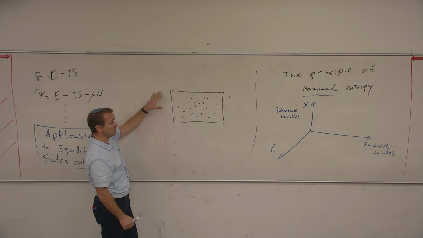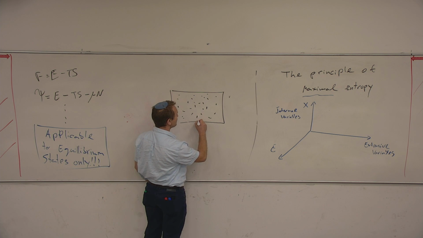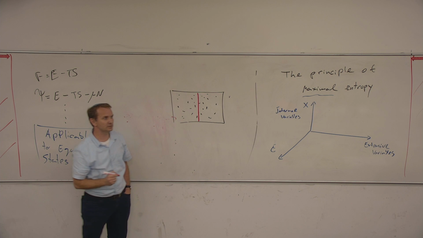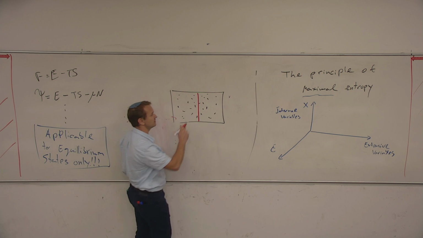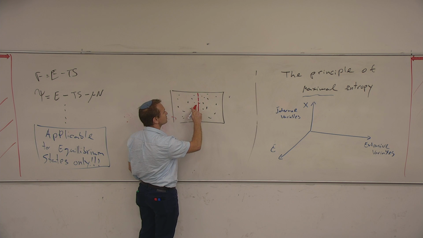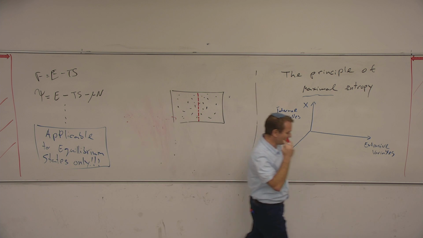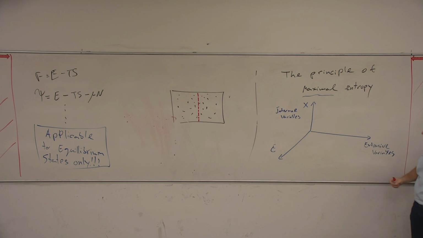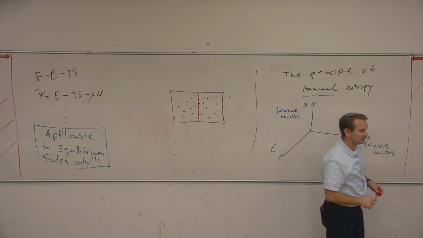An internal variable for me is that I'm starting to build a wall inside the system, or I have a wall inside the system and I'm drilling holes in this wall. So we can think of the internal variable as the length of this wall inside my two-dimensional chamber.